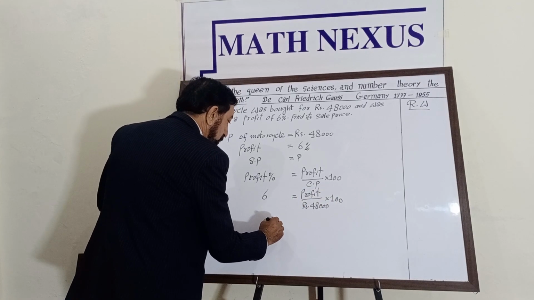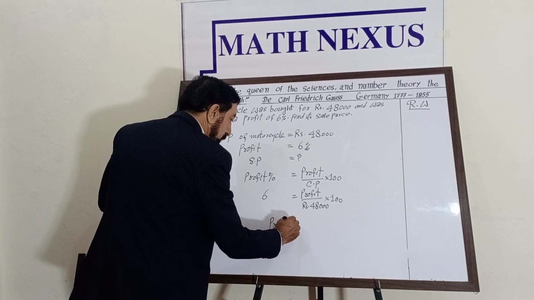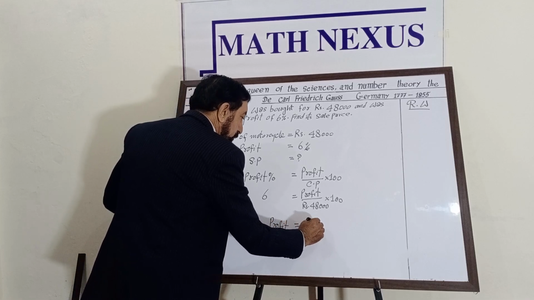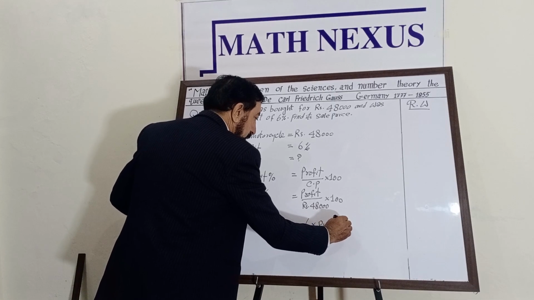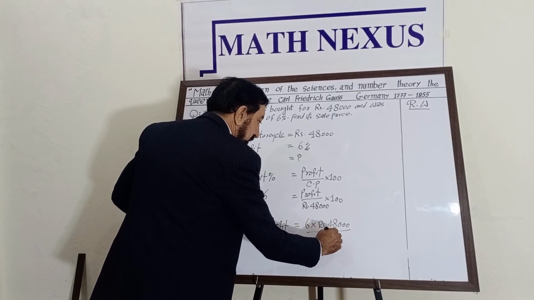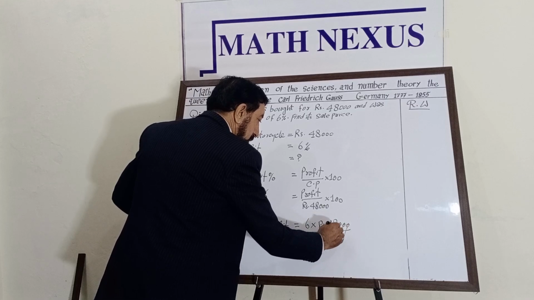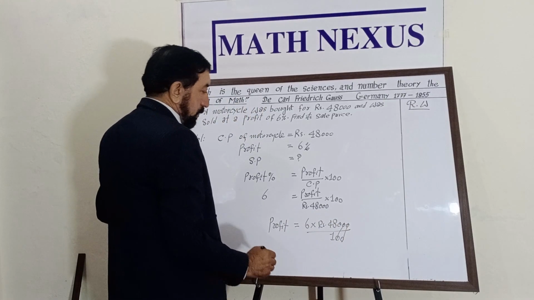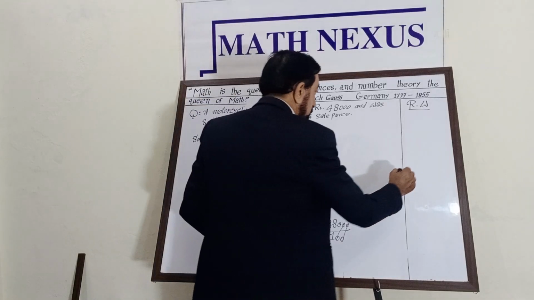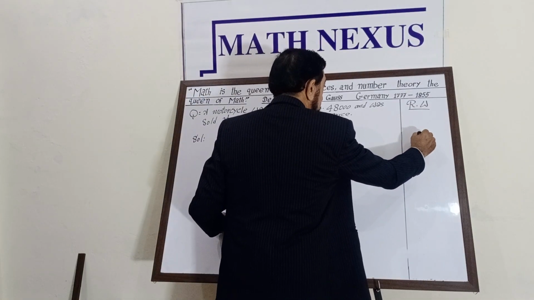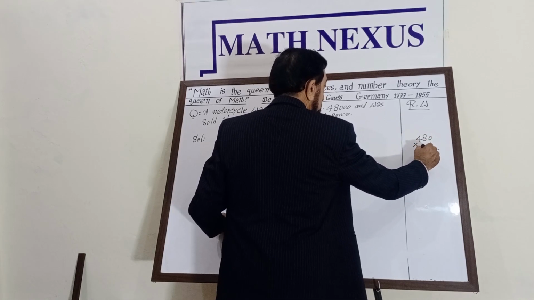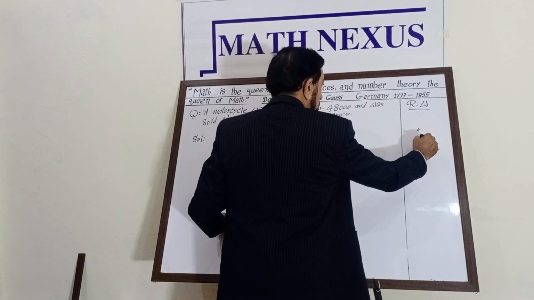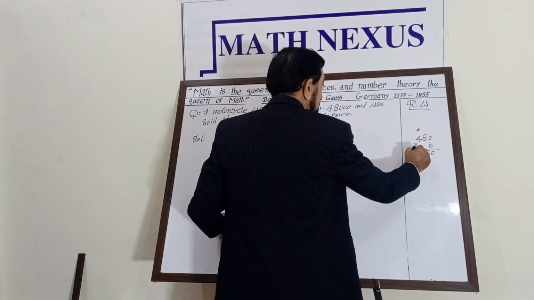Profit is equal to 6 into 48,000 upon 100. 480 into 6, 6 zeros are 0, 6 eights are 48.